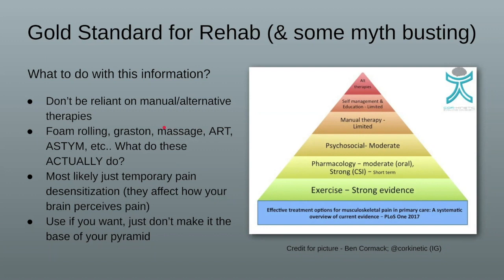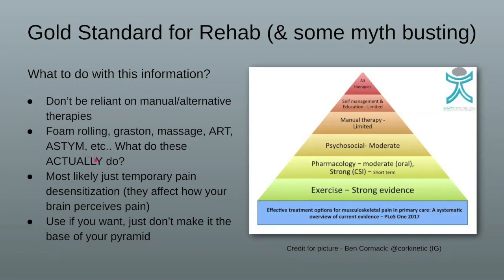When I'm talking about manual therapy, we're talking about foam rolling or self-myofascial release, all those fancy tools that they sell now. We're talking about Graston. We're talking about massage or myofascial release, they're the same thing. Active release technique, ASTYM, which is using those tools, like instrument assisted soft tissue stuff.